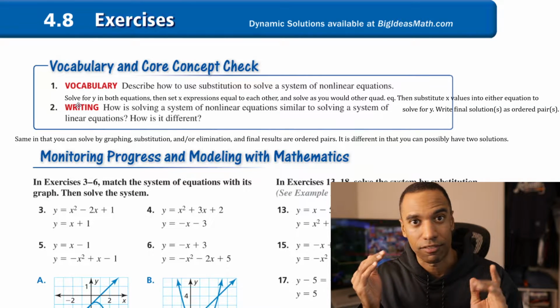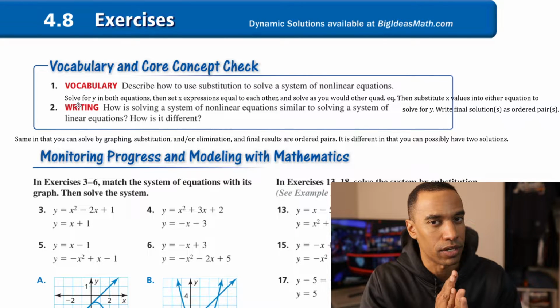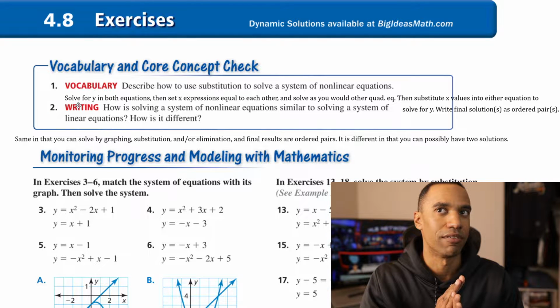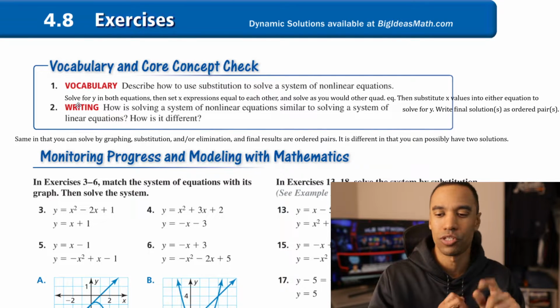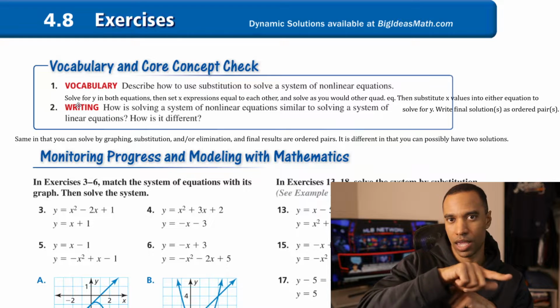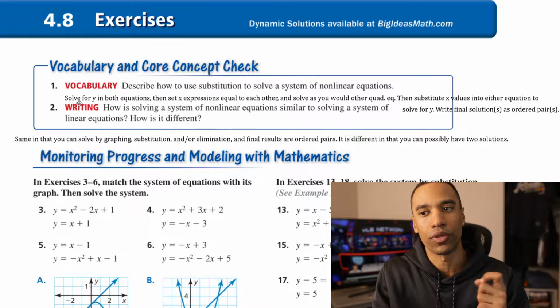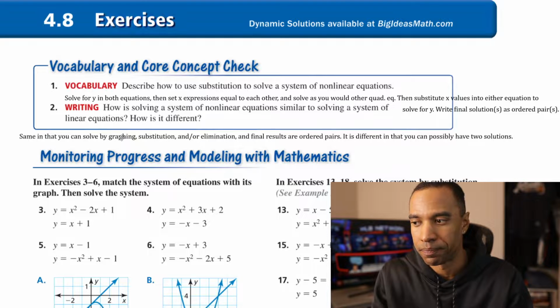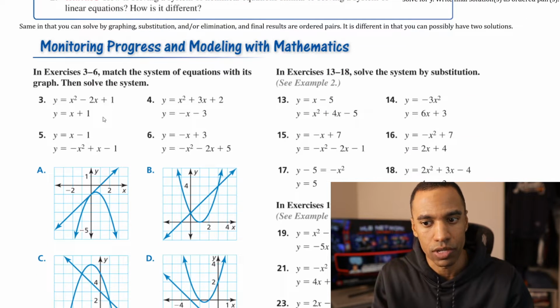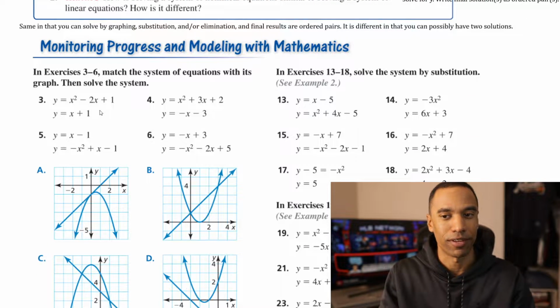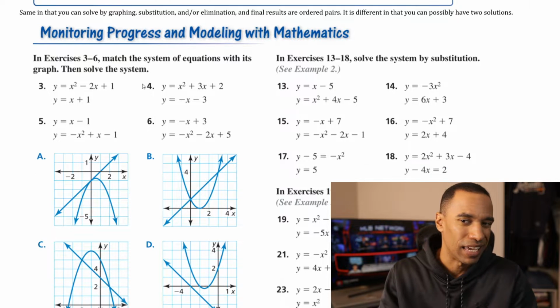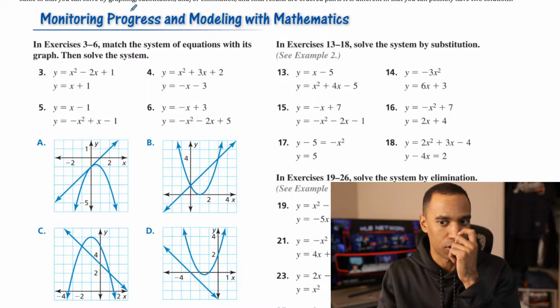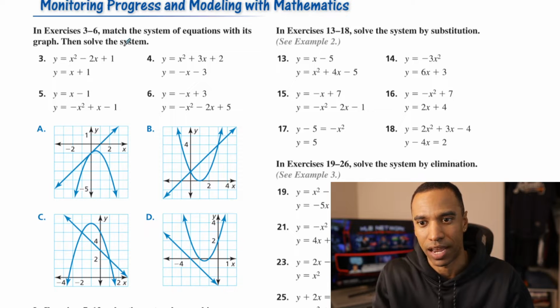You can't have 2 solutions with a linear system. See, the 2 solutions comes from going through a parabola that has to bounce back, and so you can't have that with a linear set. Only either 1, 0, or infinite. Here you can have 2, 1, or 0. I guess infinite, but you'd have to have the same equation, and you'd recognize it right off the bat, which we're not going to have here.